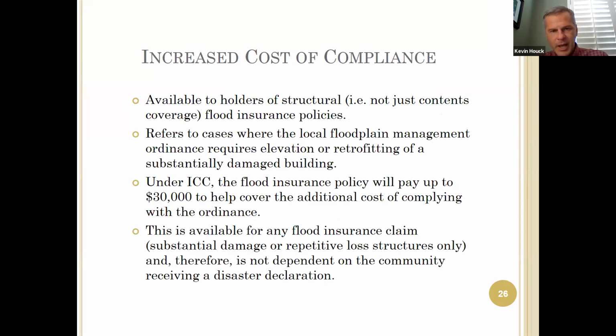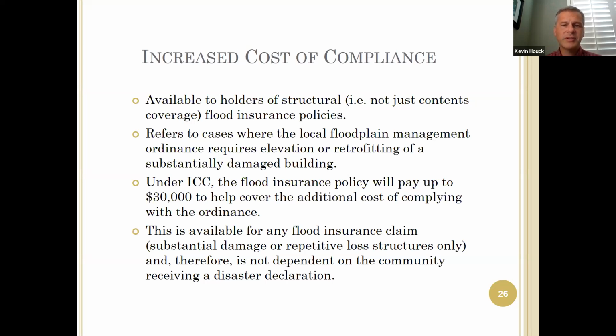Okay, I don't believe we have discussed increased cost of compliance yet. I think Diana is going to be discussing some of this in Unit 9, but let me just introduce you to the concept right here. Increased cost of compliance, or you'll hear it referred to as ICC, is basically a rider on a flood insurance policy that is charged different amounts depending on different zones and different building types.